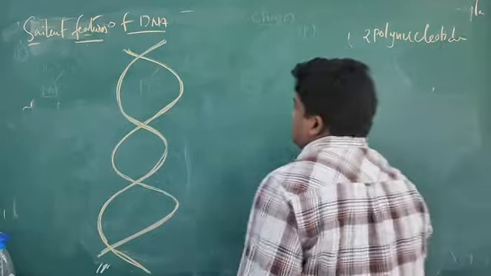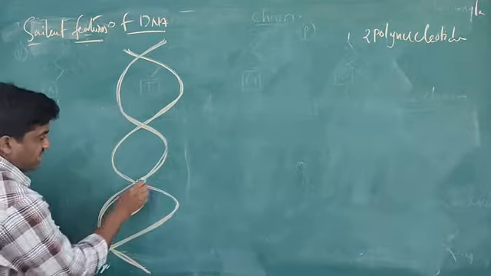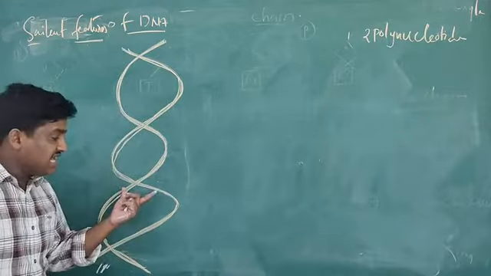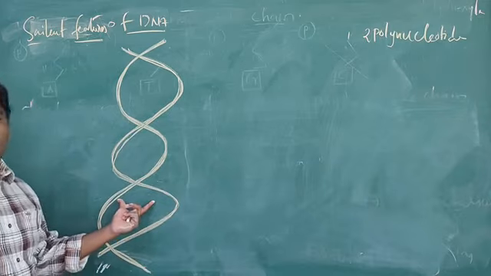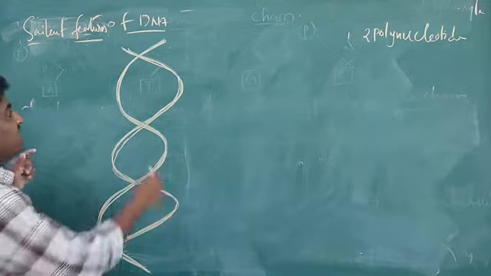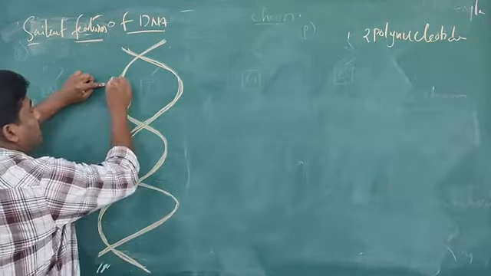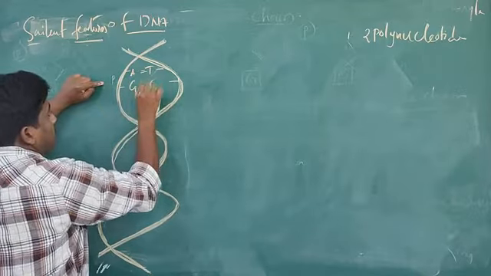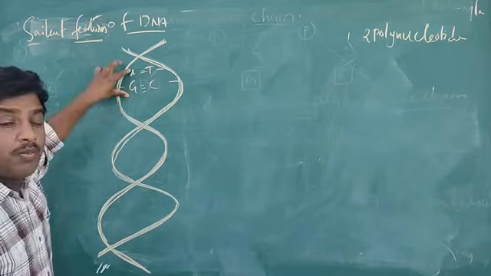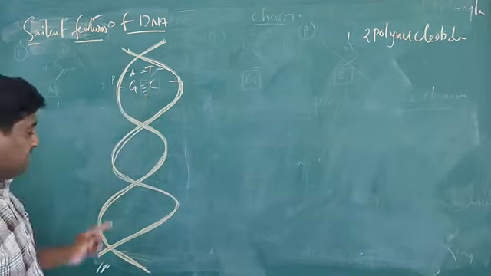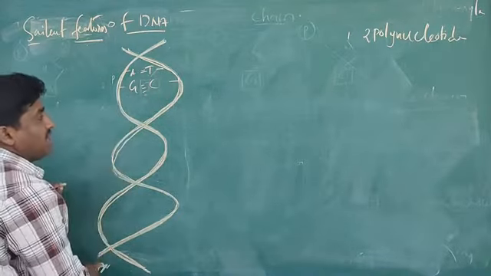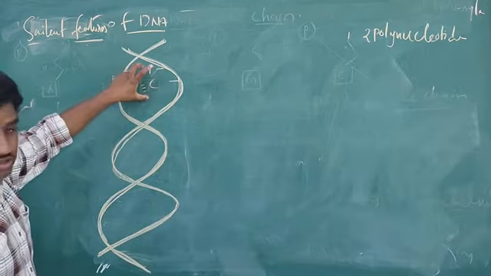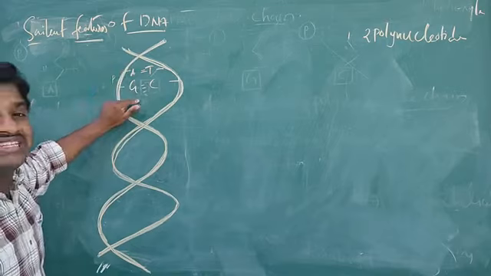This is one chain and this is the other chain. The backbone of the DNA is the phosphate and the sugar, and the nitrogen bases are present inside the polynucleotide chains, inside only.